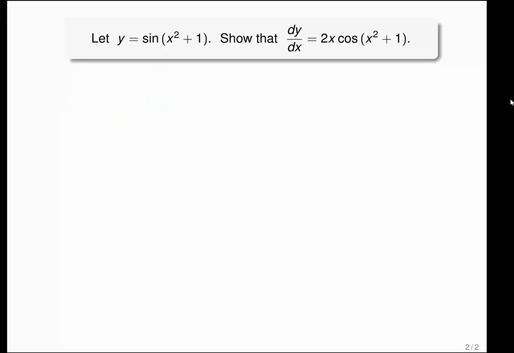Now, once you have established that the function is indeed a composite function, you need to immediately identify the inside function and call this inside function u. We can then write y as a function of u. Since y is the sine of x squared plus 1, and we've just called this quadratic u, y can therefore just be written as the sine of u.